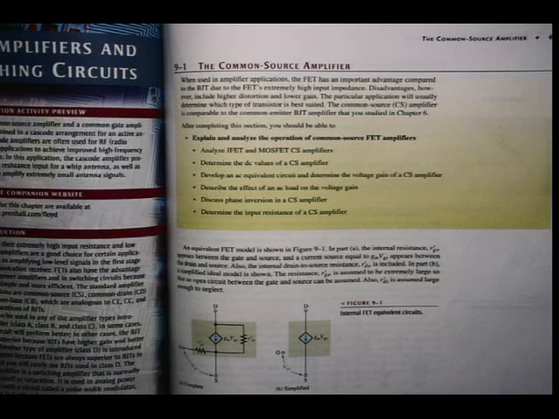The particular application will usually determine which type of transistor is best suited. The common source amplifier is comparable to the common emitter BJT amplifier that we studied in chapter 6. But we will see the similarities as we go through the circuit.